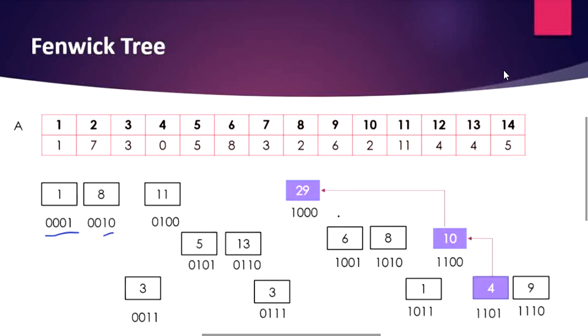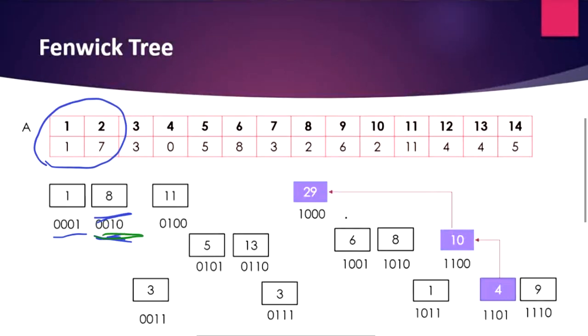Wherever there is a 1 in the second position, we are going to calculate the sum of the range of the previous two values. So index 2 is going to hold the values of 0, 2, that is 1 plus 7. In the same way, wherever there is a 1 in the second position, those numbers are going to have the sum of two ranges.